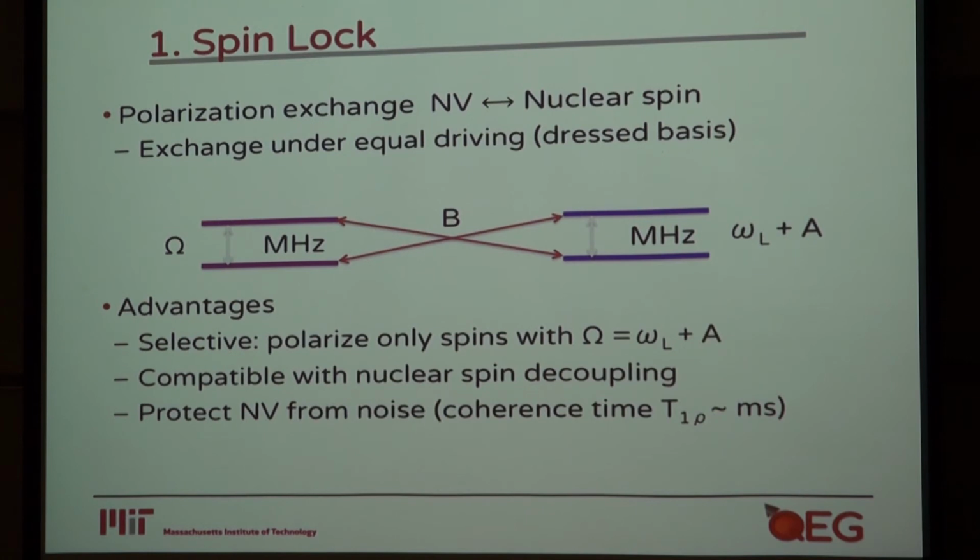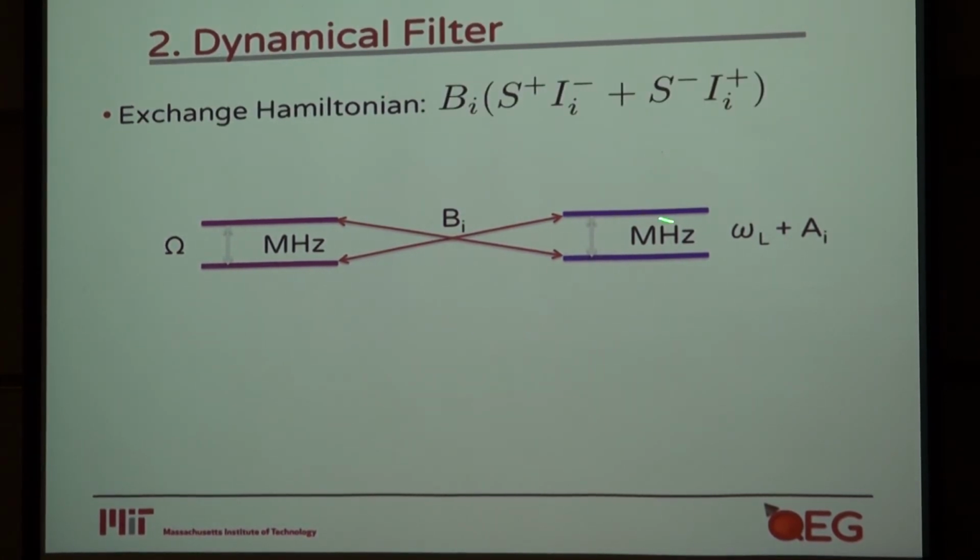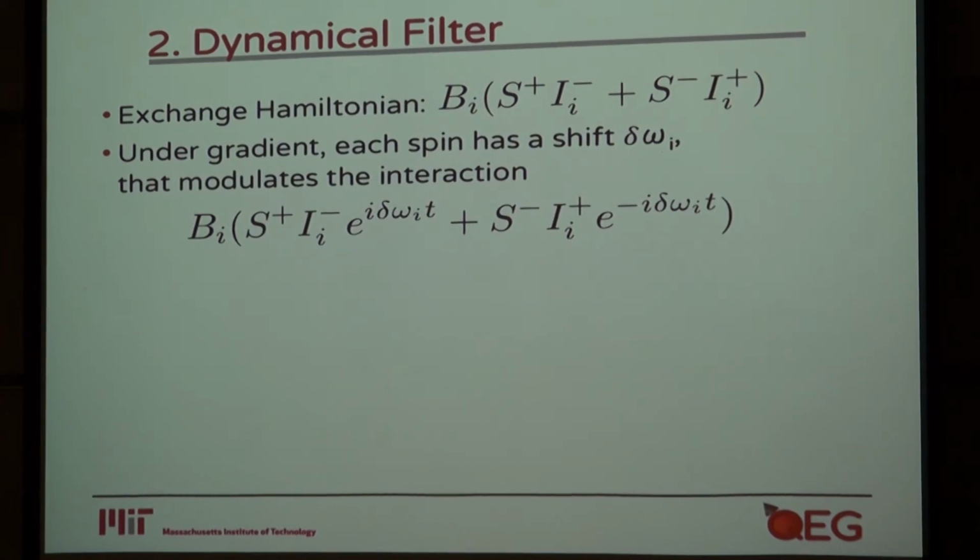Now, because of this driving, I'm reintroducing this type of coupling between the two spins. We drive this polarization exchange. So instead of just letting my system evolve under this coupling, I alternate it with this magnetic field gradient. Each one of the nuclear spins will evolve under this gradient and pick up an extra phase.